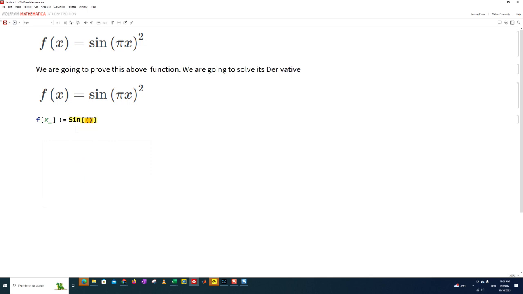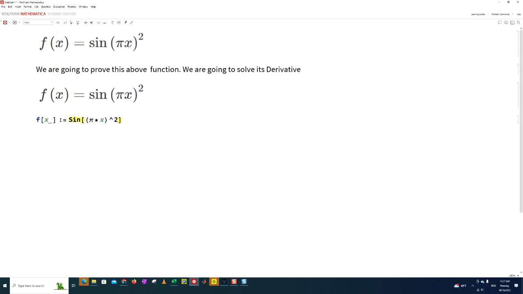So to write pi in Mathematica, you can press escape, p, escape again. So this is pi. And I'm going to say times x, then press shift 6, which gives me the power sign, and square. Then what do I want to find? I want to find the f prime of this.